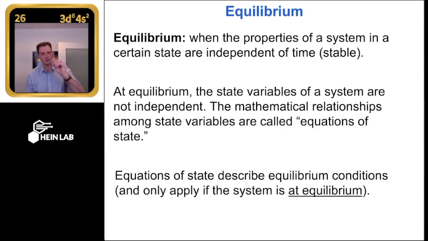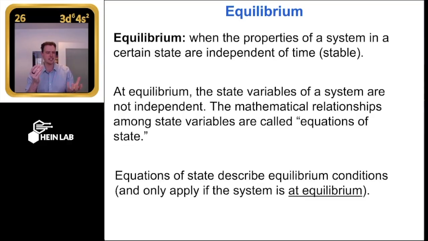Exactly. What you're really getting at here is that there's no net change over time, unless I add energy, I add mass, I have to bump the system somehow for something else to happen. What we're saying is the state does not matter based on how much time I wait. So, back to my glass of water.